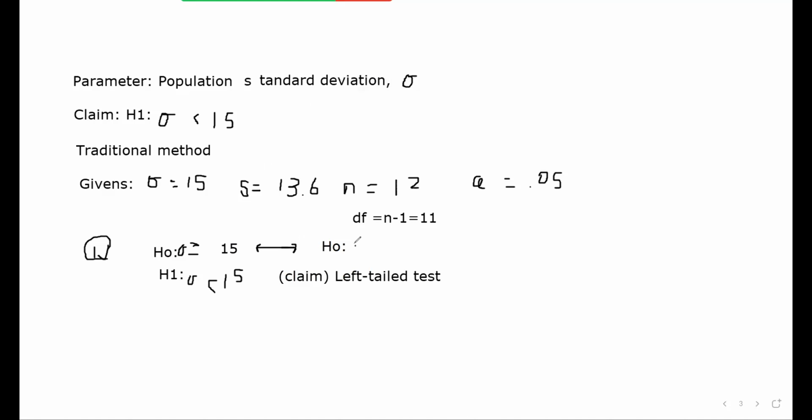Now we're going to do our critical values, and we practice that in problem number 1. So we're going to practice that here. We're going to say that we have a left tail test and our alpha is 0.05.